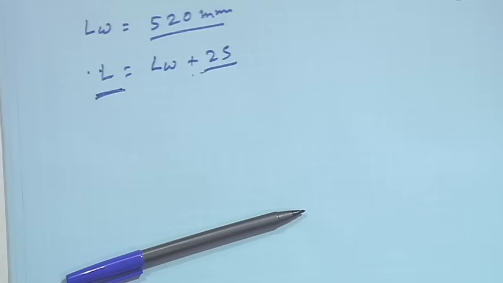So, in today's lecture what we have seen is how to calculate the design strength of butt weld, and this butt weld may be under tension or compression, means normal forces, or under shear.